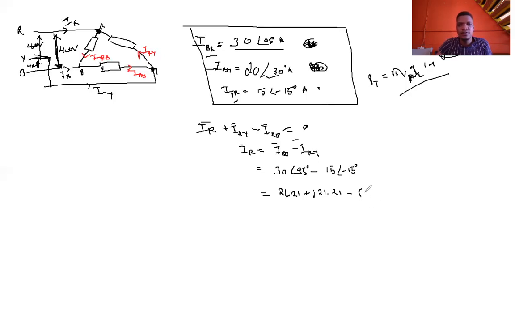Now I have 14.489. No, my calculator doesn't want to work. Okay, J 3.88. Okay, so let's simplify this.